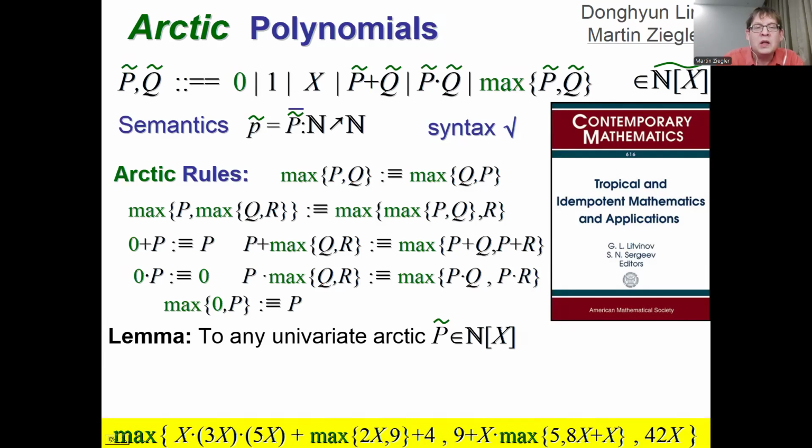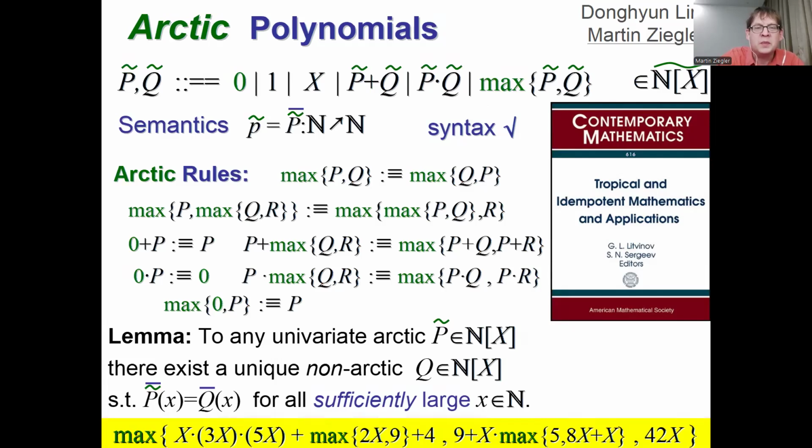Put differently, for all sufficiently large arguments, the maximum can actually be eliminated, and the Arctic polynomial boils down to an ordinary polynomial. So to any univariate Arctic polynomial, there exists a unique non-Arctic polynomial which agrees with the Arctic one for all sufficiently large assignments to the variable x.